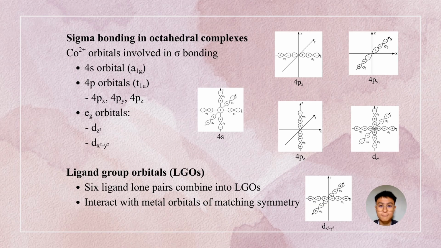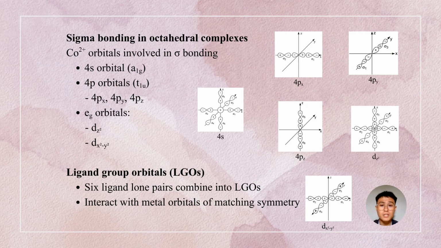In an octahedral coordination complex, the 6 ligands donate lone pair electrons towards the central cobalt ion through sigma bonding. The metal orbitals involved in sigma bonding are the 4s, 4p, and eg orbitals. The ligand lone pairs combine to form ligand group orbitals, also known as LGOs, which interact with metal orbitals of matching symmetry to form molecular orbitals.